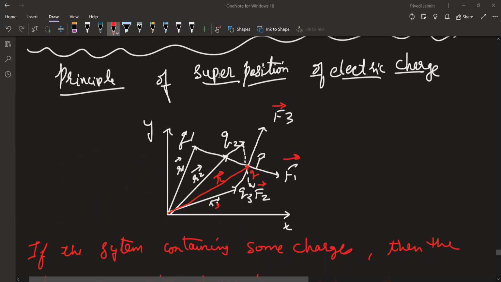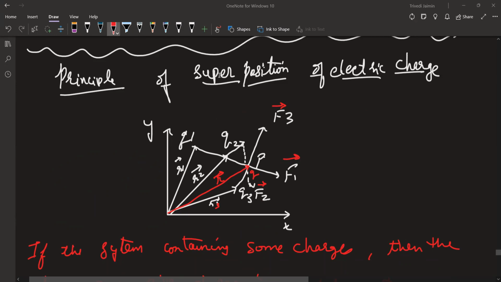Okay, Adisha, do you remember? Sir, if the system contains so many charges, then the vector sum of the forces will be the total net force on that charge. Yes, exerted by the remaining charges on that.